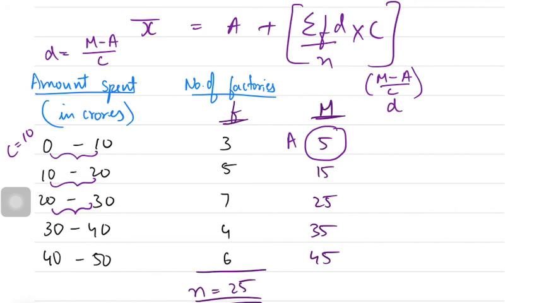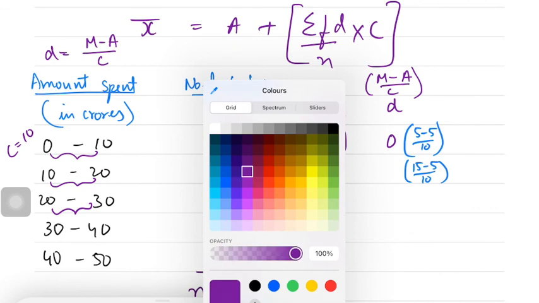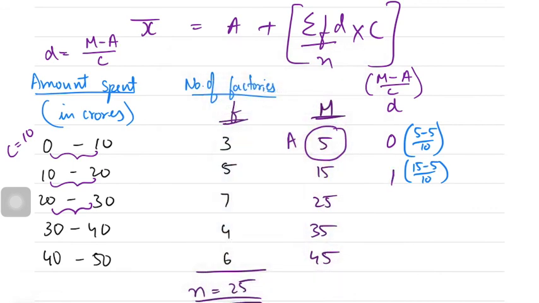Okay, so let's calculate D. 5 minus 5 is 0, so in the first case it is 0. The calculation is 5 minus 5 divided by 10, so 0 divided by 10 is 0. Then 15 minus 5 divided by 10, so 10 divided by 10 is 1.